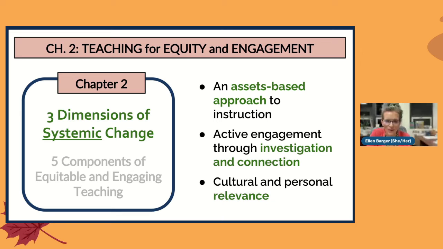Just take a moment and think about something that you saw in a classroom or that you did because you're the teacher that is one of these 3 things: assets based approach, investigation and connection, or relevance. And you don't have to write what you did, just write which one of those that you saw today or this week in the classroom.